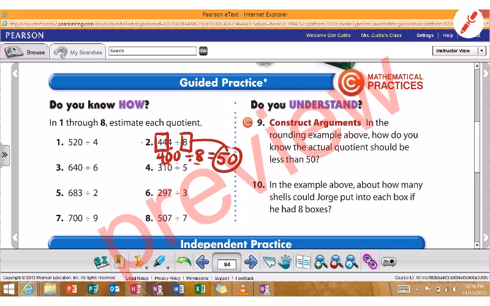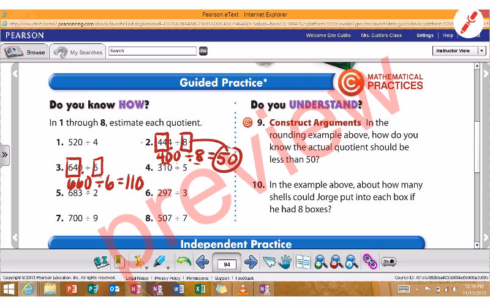Let's look at number 3. We have 640 divided by 6. So we're going to look at the 64 and the 6. The number closest to 64 that we can divide by 6 is 66, and then there's another digit, so we add a 0. 660 divided by 6. 66 divided by 6 is 11, and then a 0 at the end.